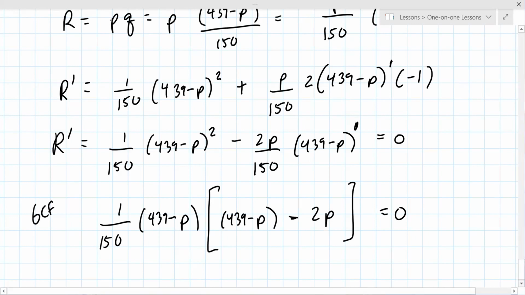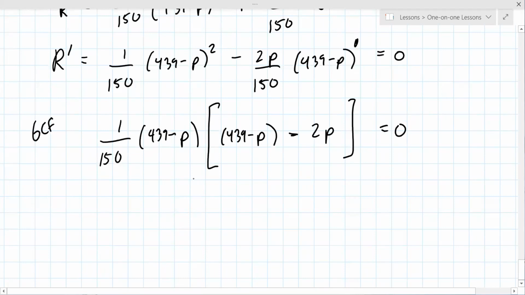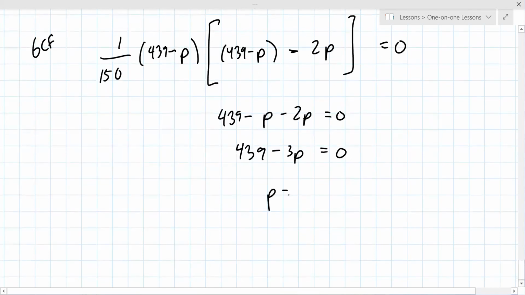Okay. Now we've been setting both of these equal to 0. It's always this one that you set equal to 0. This middle one is the one that ends up working out. So this is 439 minus 3p equals 0. So p equals 439 divided by 3. And that's 146.33.